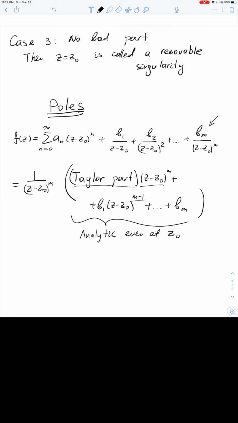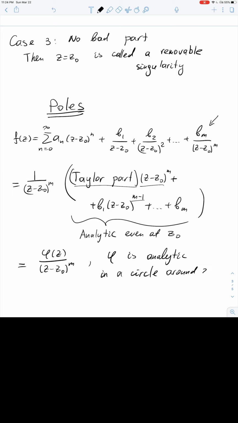So this part is analytic. And so we get that our f is actually equal to phi(z) divided by (z minus z0)^m, and phi is analytic in a circle around z0, including z0.